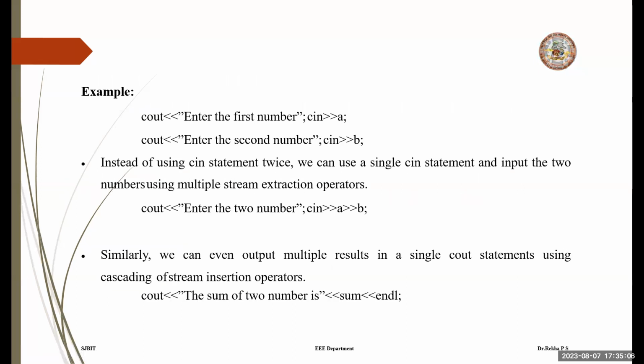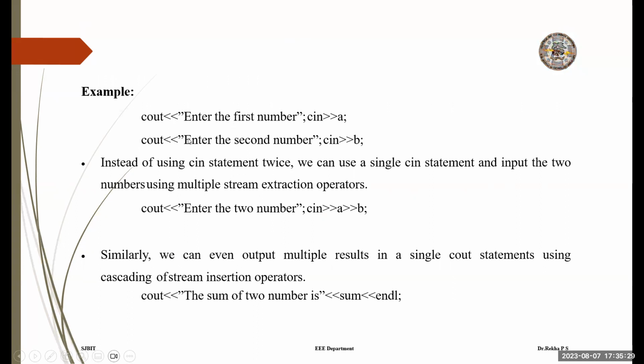For example, you can see here cout, enter the first number. Next, that will be read using the cin object, into the first number. Whatever the user enters will be stored in A. Next, we will ask the user to enter the second number using cout, because it is written within double quotes.